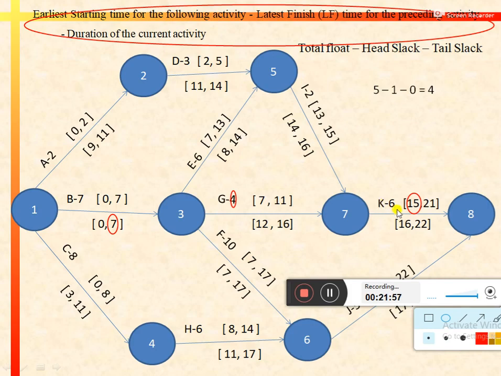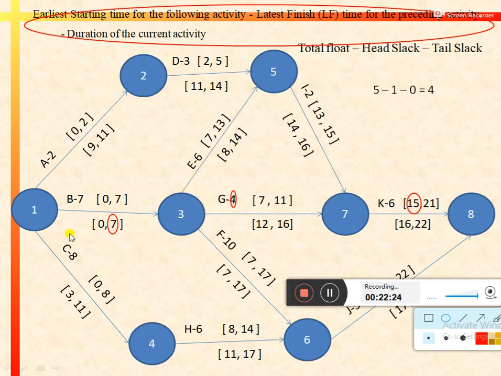Head slack means the slack time for the succeeding activity, that is K. It can be calculated by finding the difference between earliest start and latest start, that is 16 minus 15, 1, or the difference between latest finish and earliest finish, that is 22 minus 21, it would be equal to 1. So head slack is equal to 1.